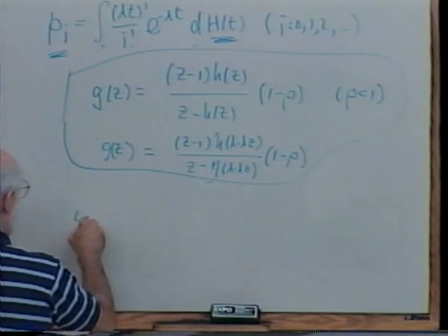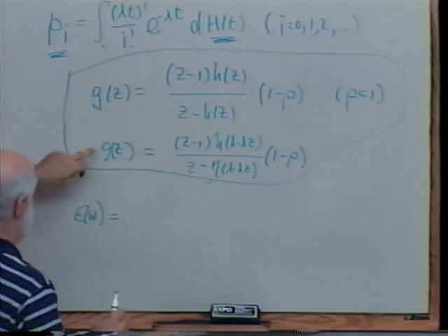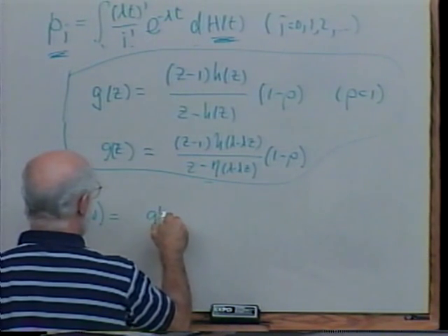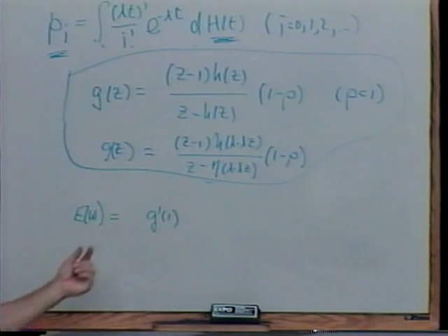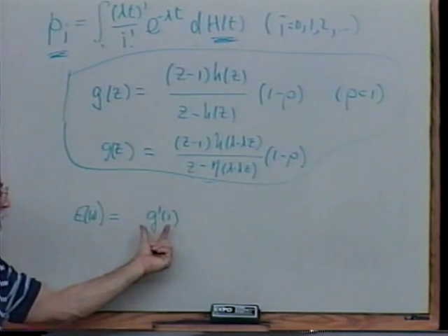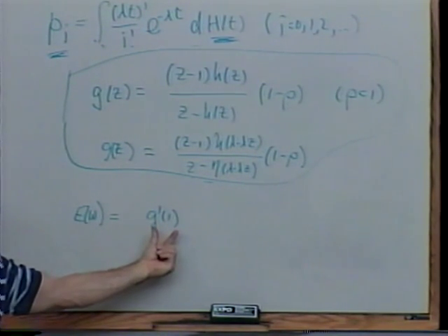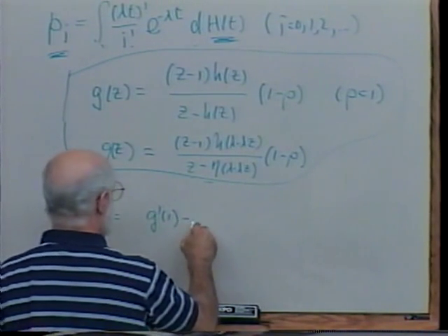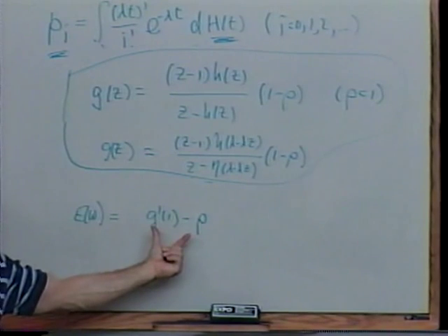I can say that the expected value of the waiting time is equal to the derivative of the generating function of the number evaluated at 1. Okay, this is now the expected number in system. So if I subtract off the expected number in service, then that would give me the answer.